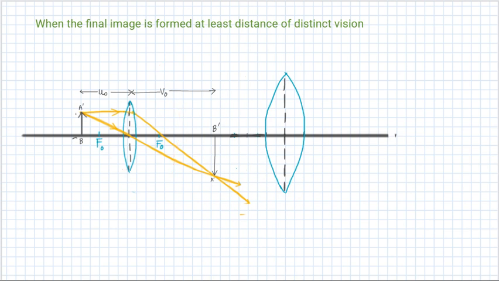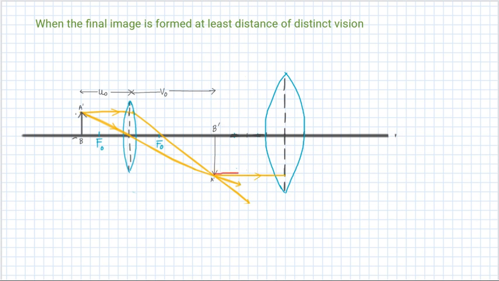Now, for this eyepiece, the image A dash B dash of the object AB formed by your objective will act as an object for the eyepiece. Now consider a ray which starts from this point A dash and moves towards this eyepiece in this direction.